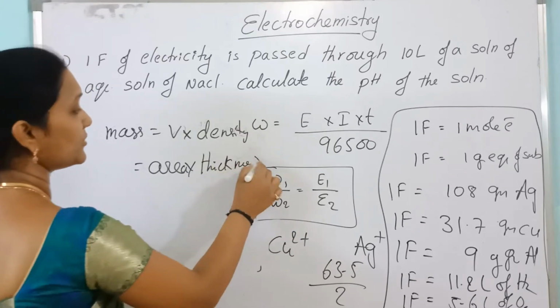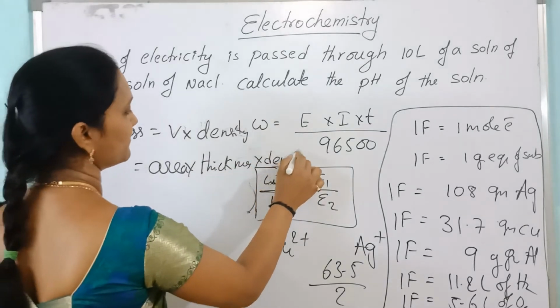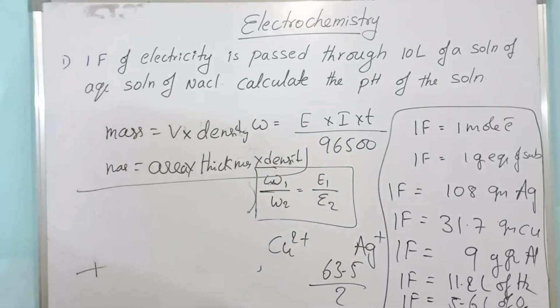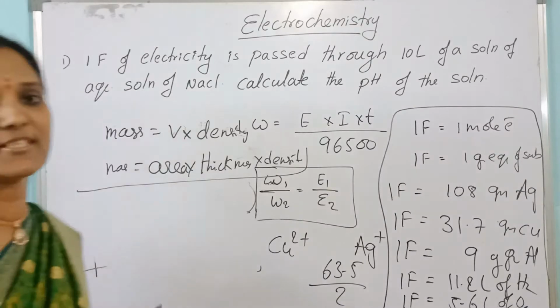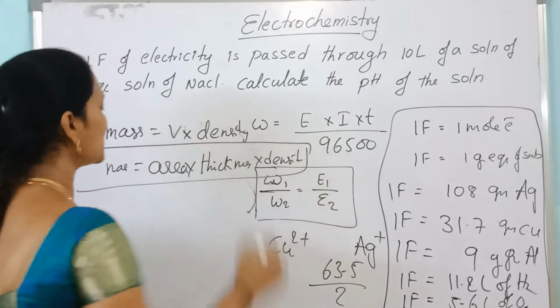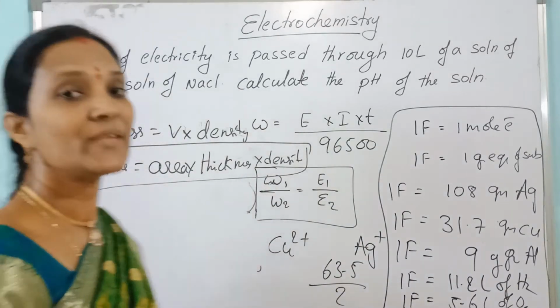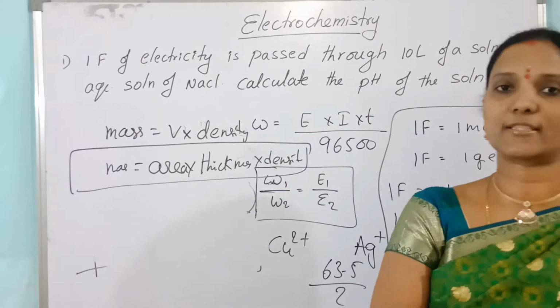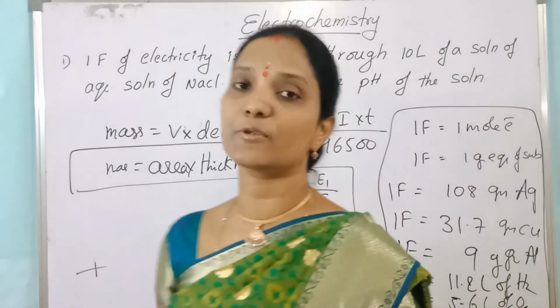So mass is equal to surface area covered into thickness into density. For problems on thickness or area covered, use this relation. Now come to the problems.